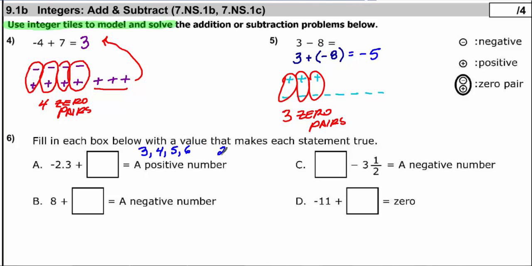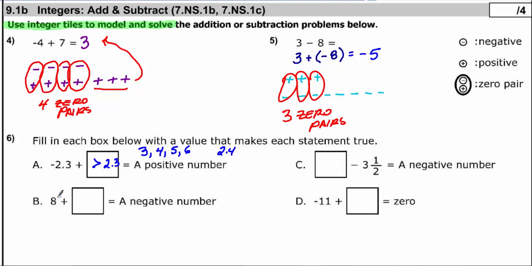We could even add 2.4. Anything bigger than the 2.3 negatives. We need any number that's greater than 2.3. Because if we have a number greater than 2.3, then part of these will cancel out all of those, and they'll leave some positives left over.